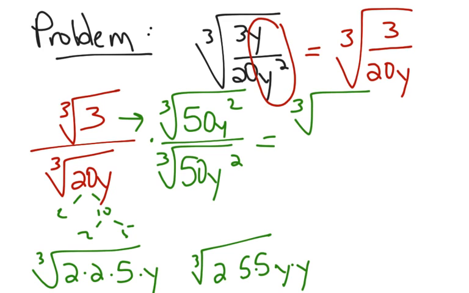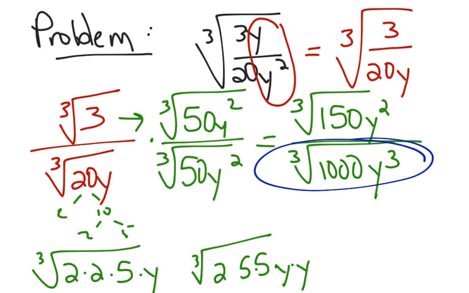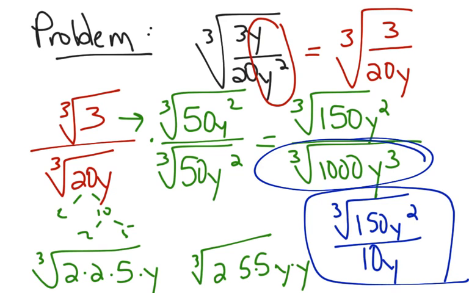I get the cube root of 150y squared all over the cube root of 1000 y to the third. Well, 1000 y to the third simplifies into 10y. And you have the cube root of 150y squared on top. And now you have no radicals in the denominator. This is called rationalizing the denominator.